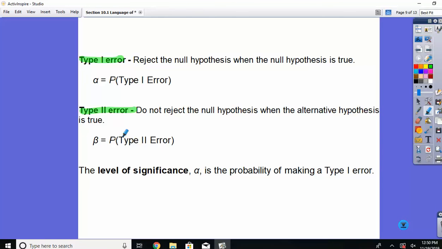So it would be like me working a problem and saying, okay, I think the alternative hypothesis is correct, I'm rejecting the null, but I'm wrong. The null hypothesis was actually true. Type 2 error, we use alpha for type 1, type 2 is beta, is when we do not reject the null when we should. So if we reject it and we shouldn't have, that's alpha, type 1. If we don't reject it and we should have, that's beta, type 2.